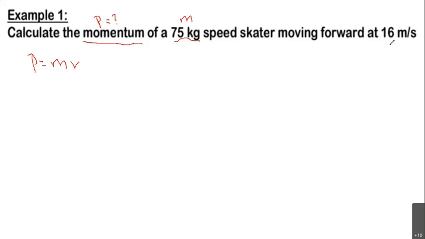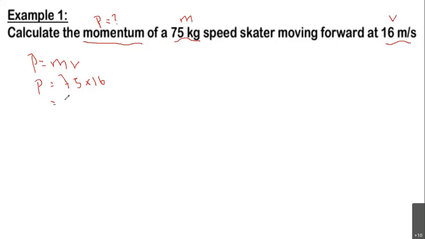Is that okay? 16 meters per second is our velocity. So we go ahead and multiply those. 75 multiplied by 16. Yep.